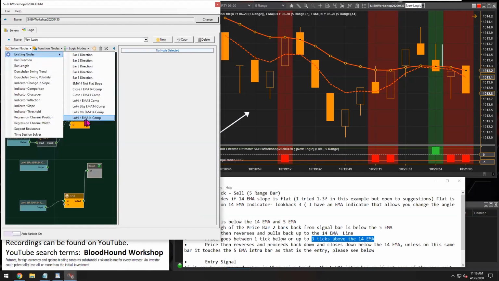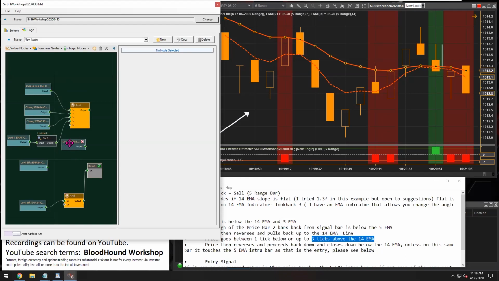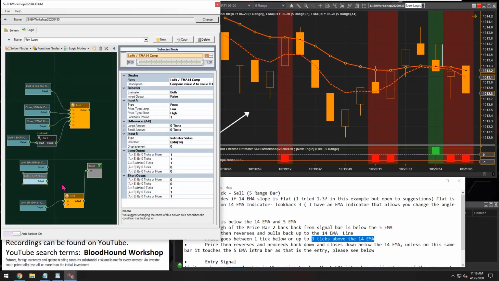All right, so there's our new solver. Basically this new solver is just looking to see if the high is above our EMA14 or if the low is below the EMA14. So let's connect that in there.